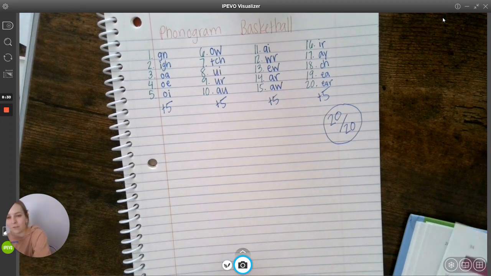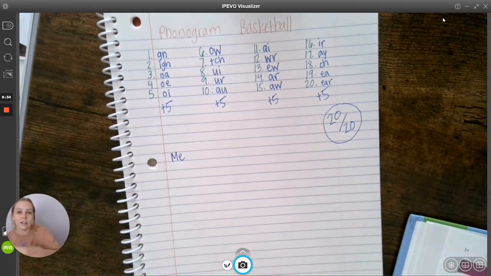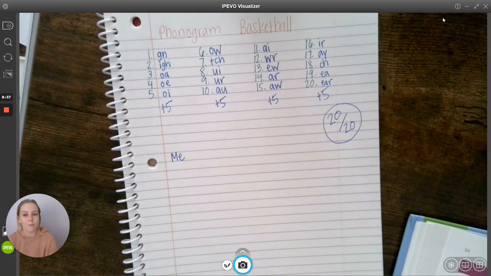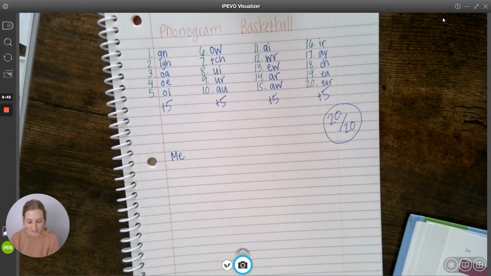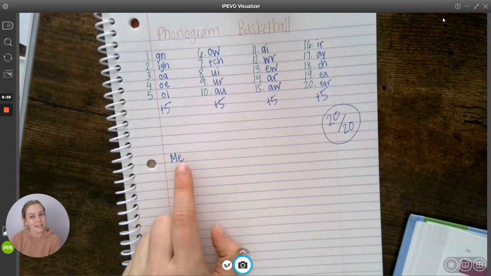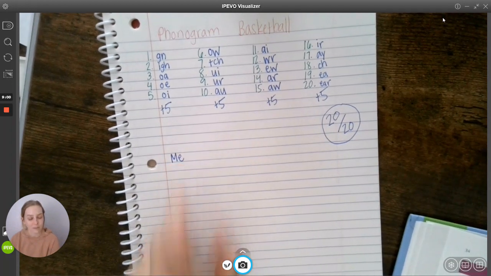So for example, first word is me. You can write me on your paper and look at it and think, why is E saying its long sound here? Do you remember? I remember. It's at the end of the syllable, so it says its long sound.